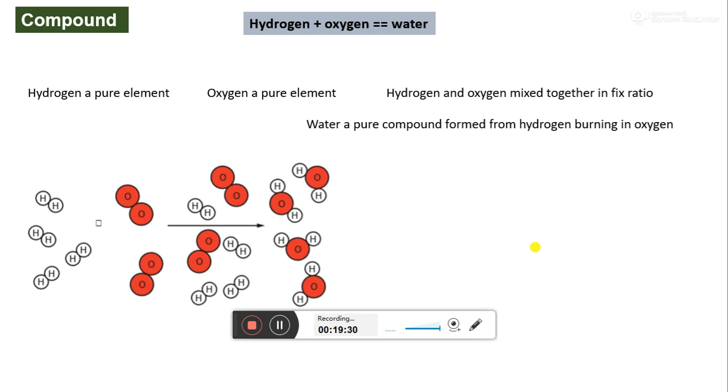I have shown the picture of the hydrogen. Two molecules of hydrogen, H2 plus O2, will combine together and react by taking a certain amount of energy and they will form water, that is H2O, which has two hydrogen atoms and one oxygen atom. If you see the arrow, the arrow has two sides.